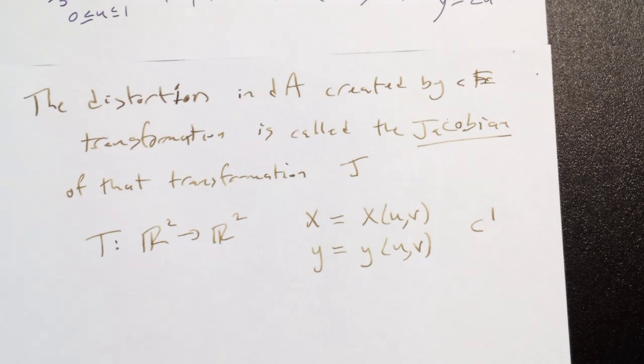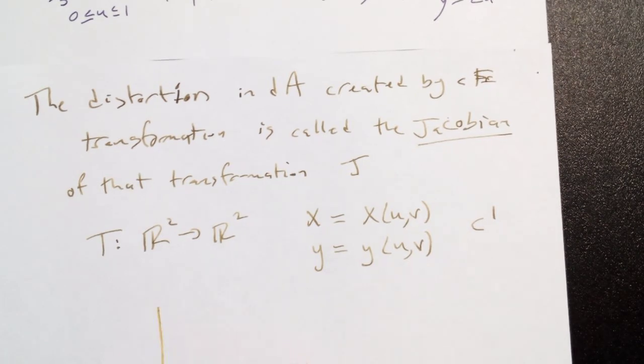Cross product. Cross product was a determinant, wasn't it? i, j, k, and then the vectors, right? The Jacobian is a determinant whose entries are partial derivatives.